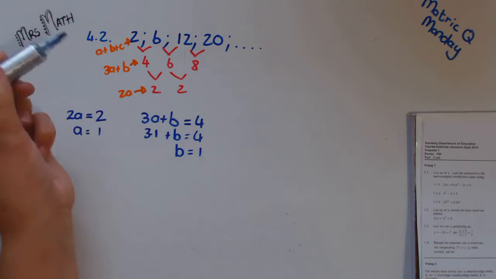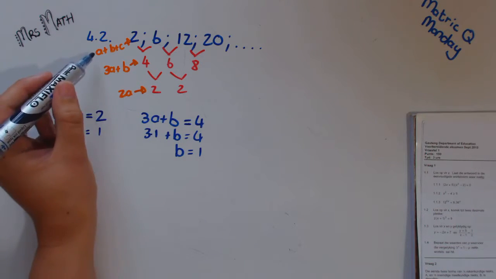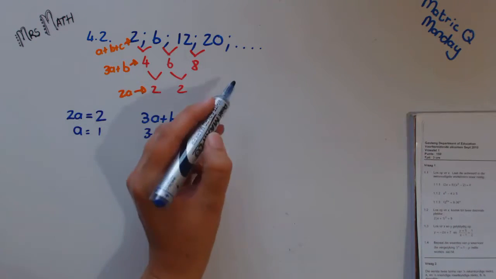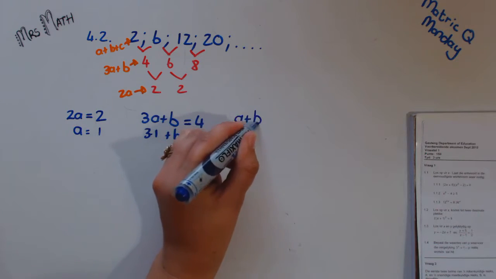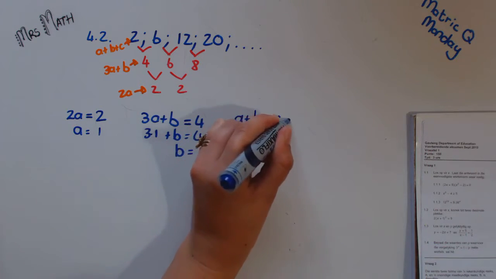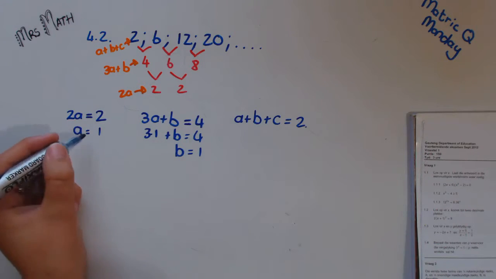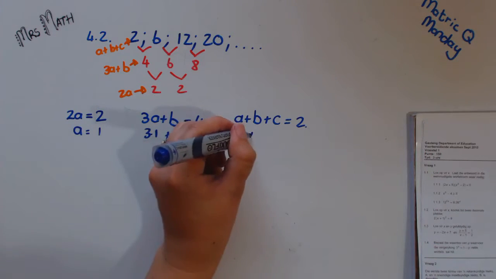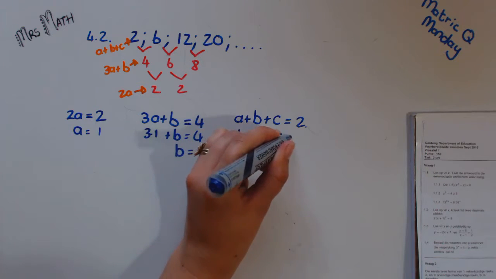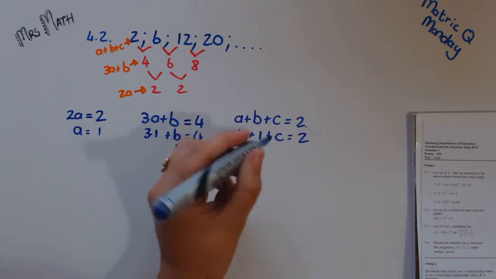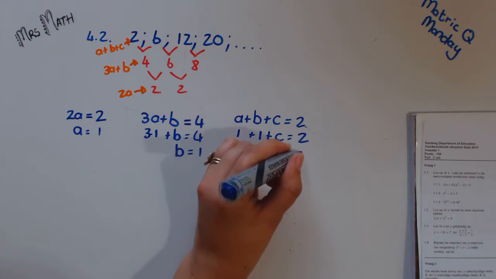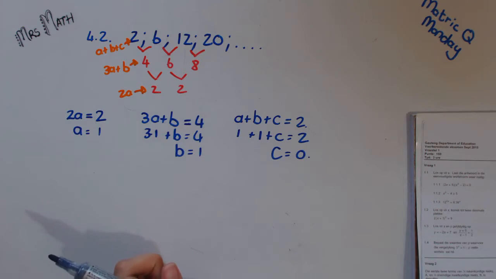I just took the 3 over, and then I've got a plus b plus c equals my first term, which in this case is 2. My a is 1, my b is 1, and my c, this is 2 plus c is 2, so c is then obviously 0.